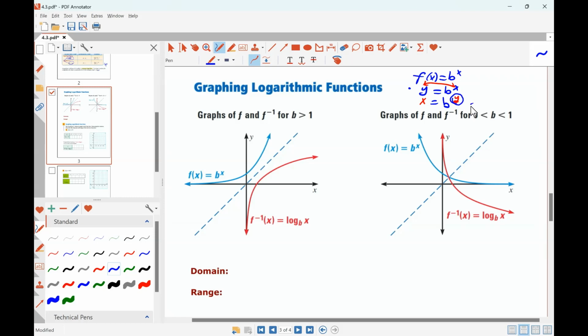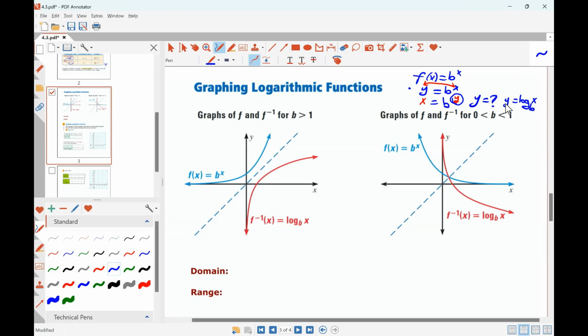In the previous lesson, we learned that in order to isolate exponents, we have to use logarithms. So let's just convert this exponential equation to a logarithmic equation. Write this as y equals log base b, keep the base b, of x.